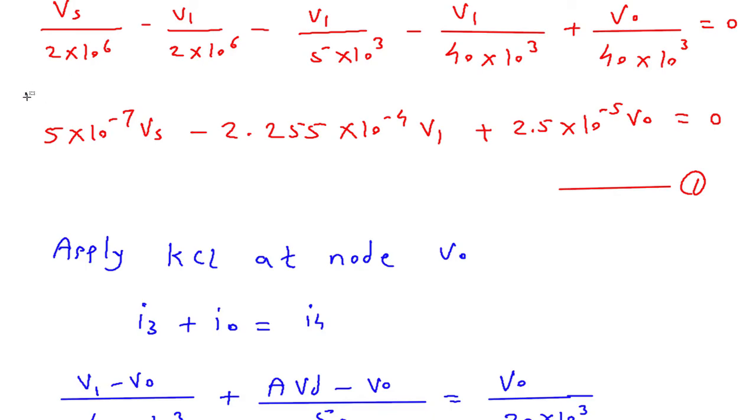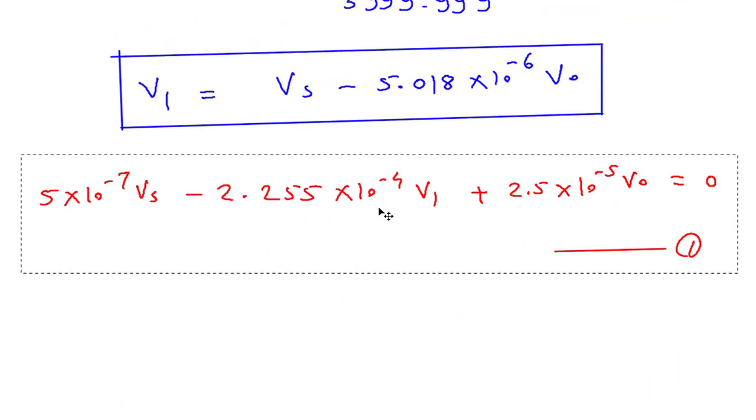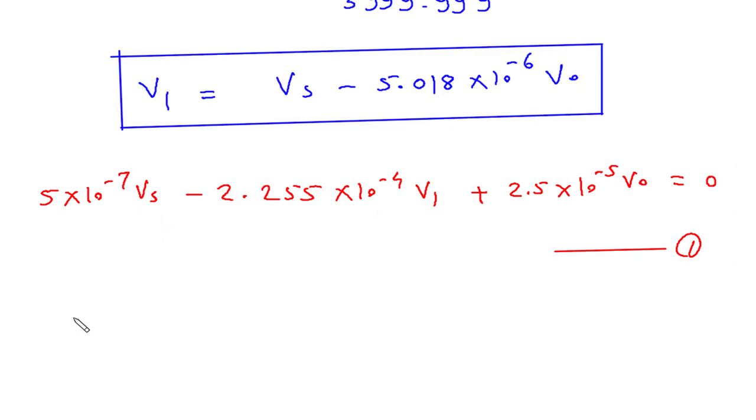So here this will be 5 into 10 to the power minus 7 VS minus 2.255 into 10 to the power minus 4.